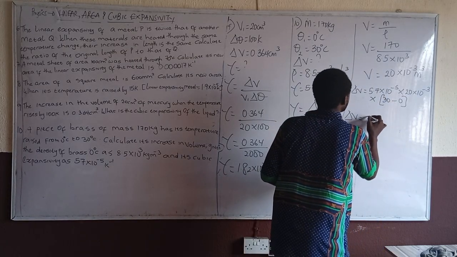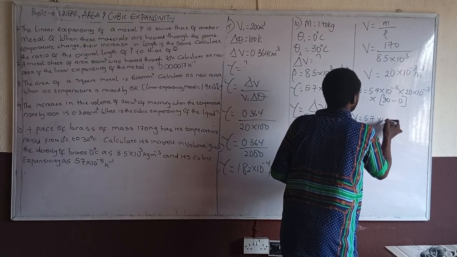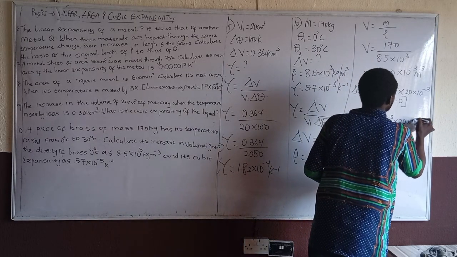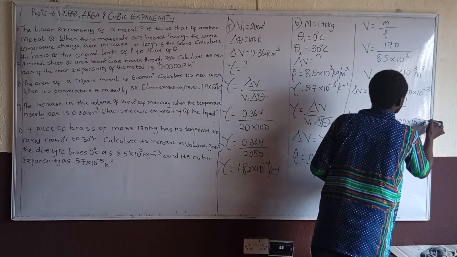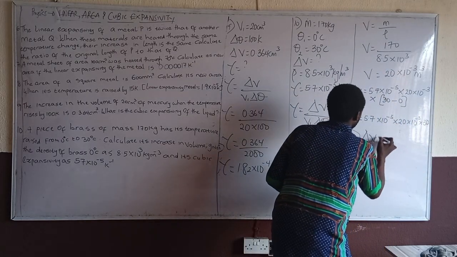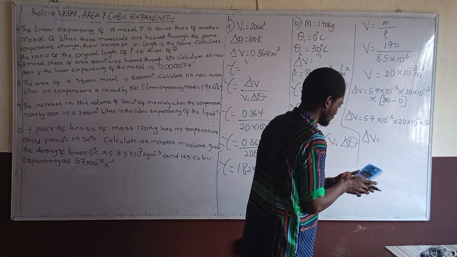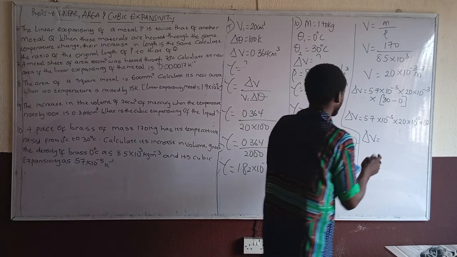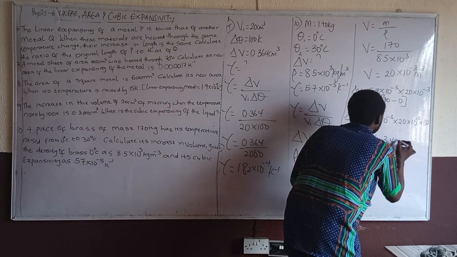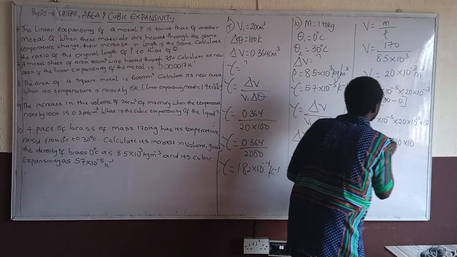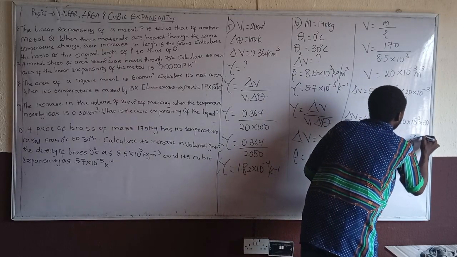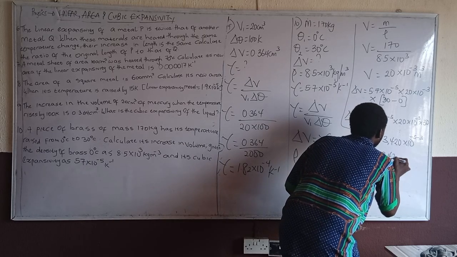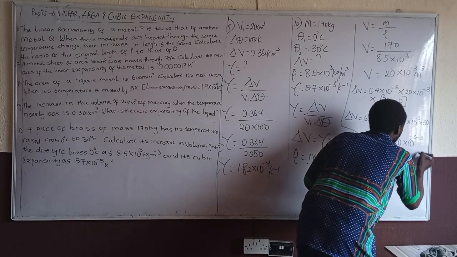Delta V becomes 5.7 times 10 raised to power minus 5 times 20 times 10 raised to power minus 3 times 30. So delta V, 5.7 times 20 times 30, is 3,420 times 10 raised to power minus 5 minus 3. Here becomes 3,420 times 10 raised to power minus 8.